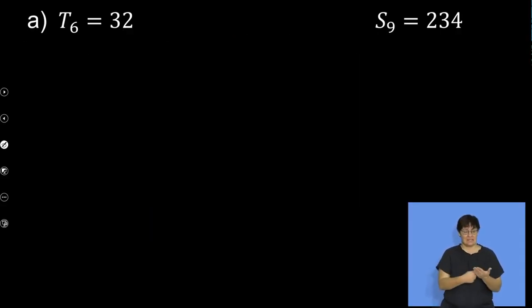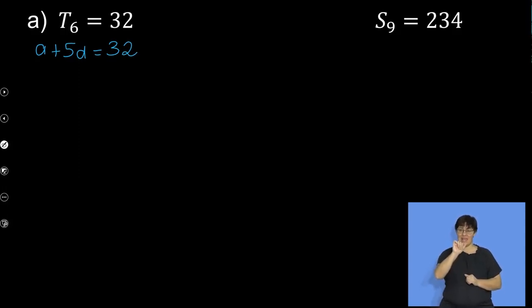So we've discussed that T6 is 32 and S9 is 234. I can replace T6 with A plus 5D. As it's an arithmetic sequence, I know that T6 is the same thing as A plus 5D.